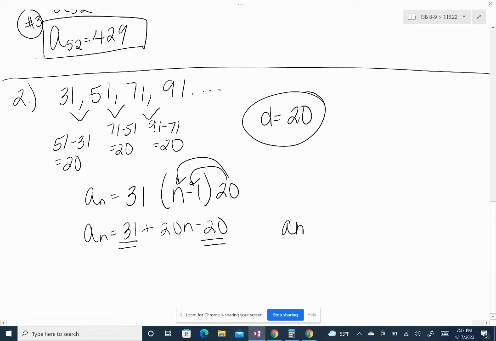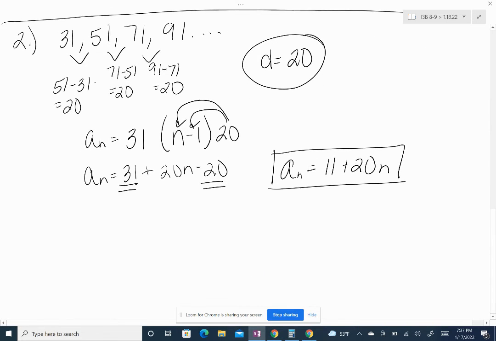So A of n is going to equal 11 plus 20n. And I got that 11 by 31 minus 20, and that would be a calculator problem if you don't know it off the top of your head.